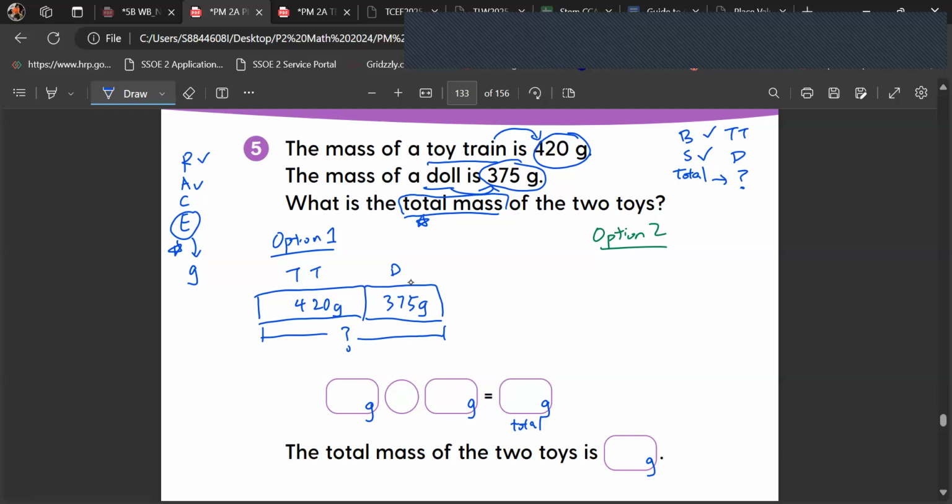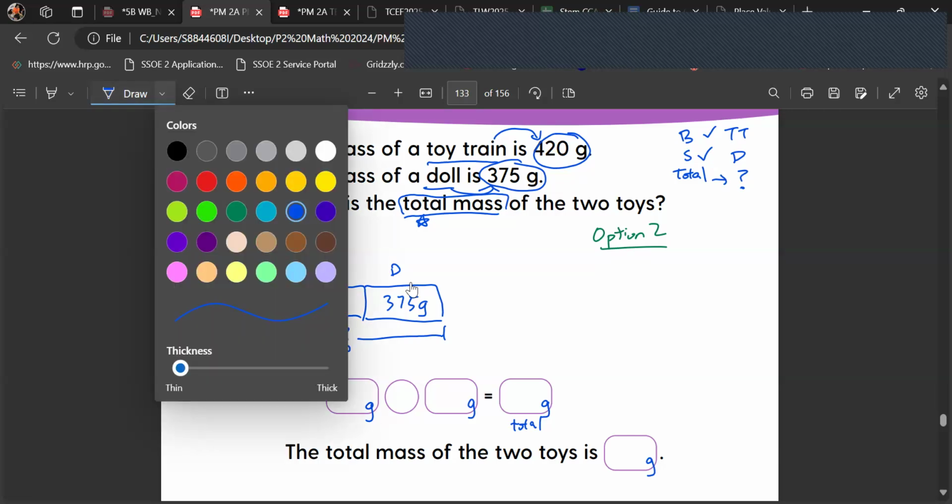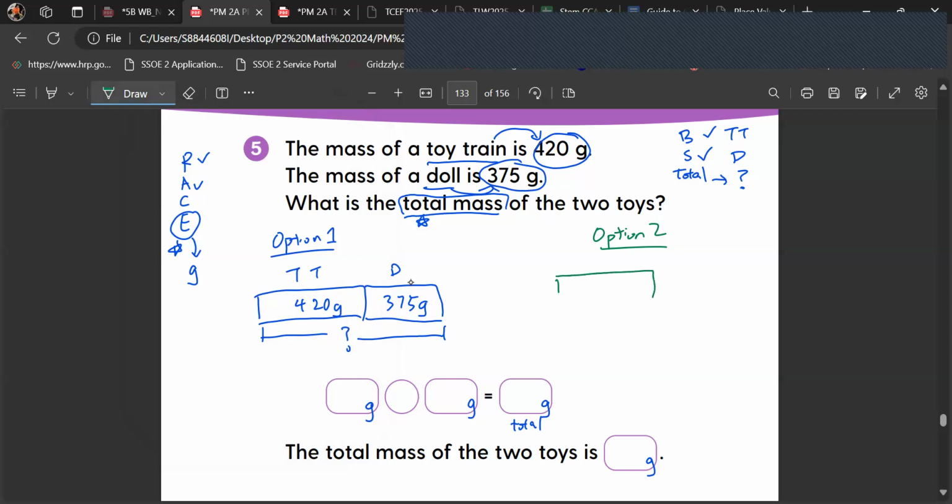Or another way to draw it, I'm going to draw it now. The part-whole model, I can draw the longer bar here on top as 420 for the toy train. And I draw the shorter bar below it, like this, 375 grams.